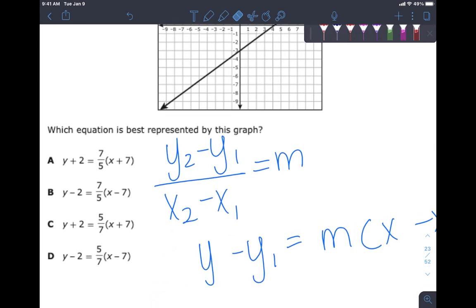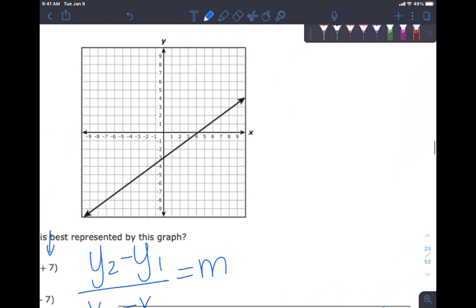Here it looks like they picked 2 and 7. So I'll look to see which one that is. Positive 2, so no. No. There we go. All right. So this is the point that they chose to use.